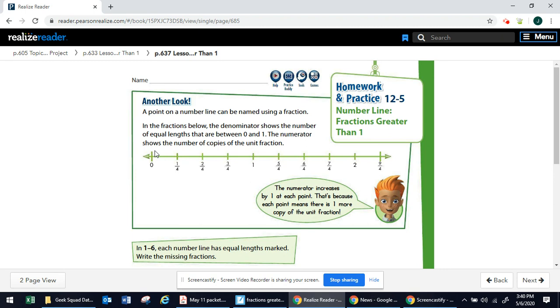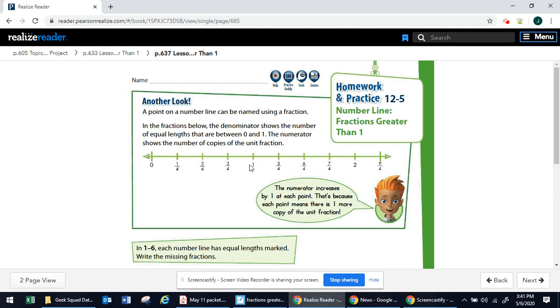And the numerator shows the number of copies of the unit fraction. So you know that from 0 to 1, it was broken into 1, 2, 3, 4. It was broken into fourths. So 1/4, but when you copy it, you have 2 of those 1/4 pieces.